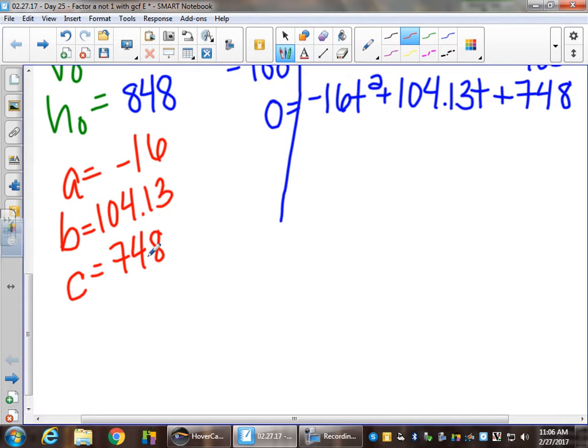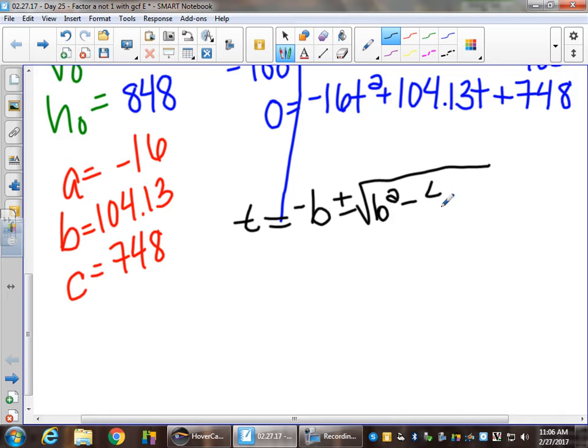Good. What formula are we going to use? Exactly. Quadratic formula, which is t equals negative b plus or minus the square root of b squared minus what? Exactly.